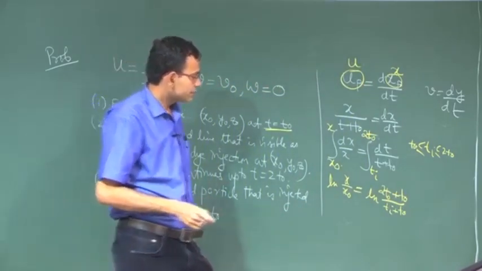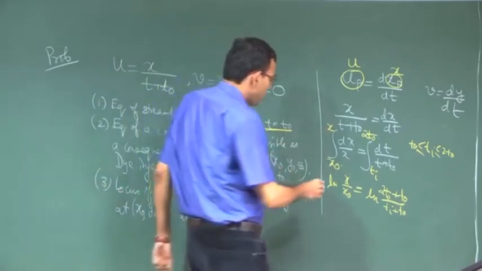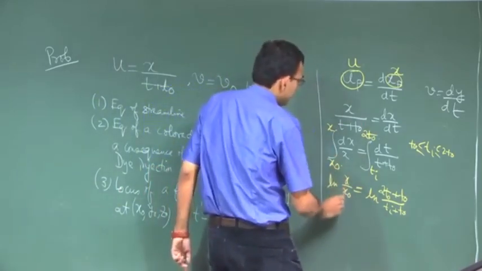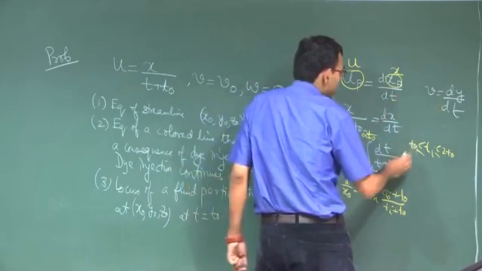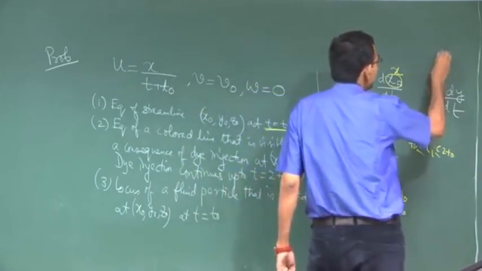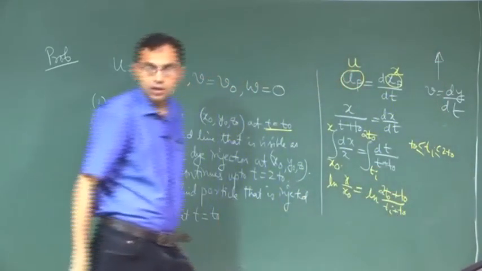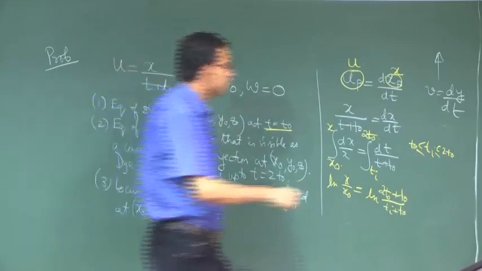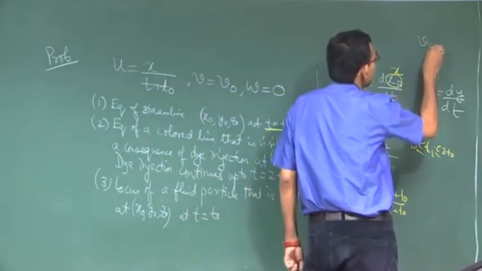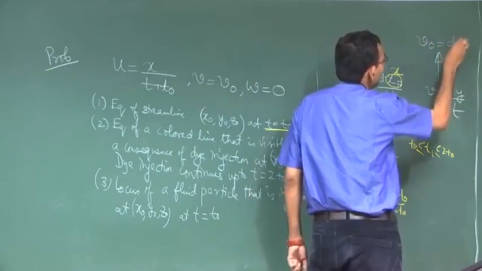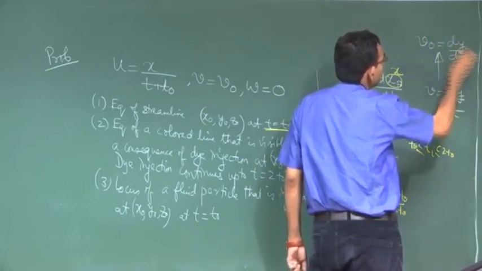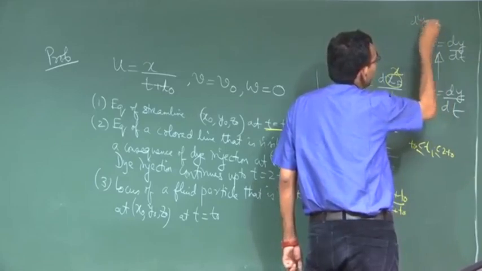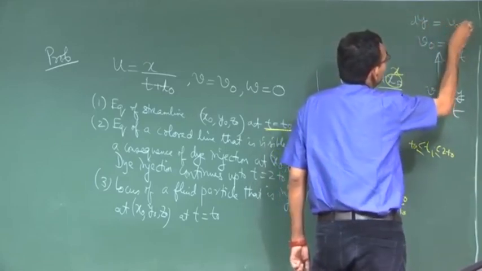Then dy by v is equal to dy dt, let us write it here, utilize this part of the board. So v0 is equal to dy dt. So if you integrate it, dy is v0 dt.